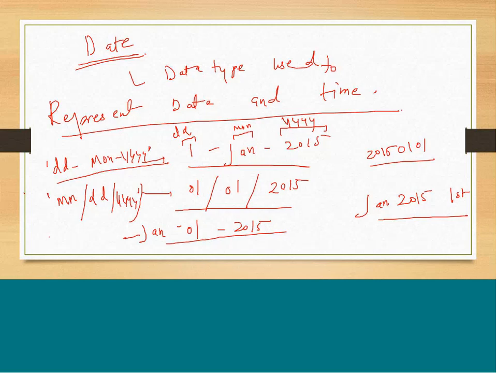There will be month, MON, and then we are writing JAN, then hyphen, then DD, and then 4 Ys. Correct. How about this one? There'll be 4 Ys, then you can do month and DD, right? How about this? There'll be month, MO, Y, and then date, DD.